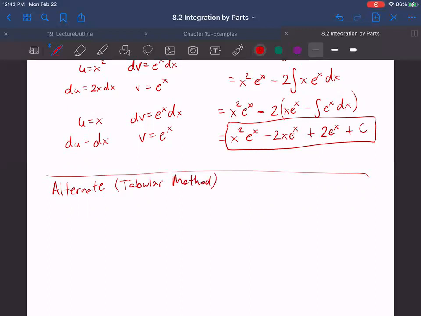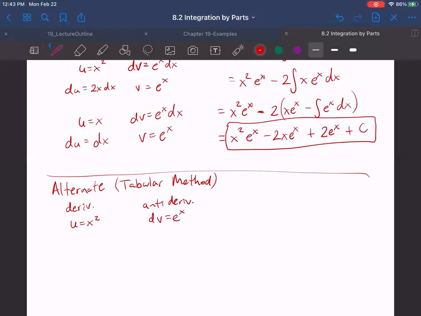And so essentially what we've got here is what that integral equaled, right? But we can shortcut our way through it. Instead of doing all these substitutions, what we can do is pick our derivative side, which is our u equals x squared. So this is our derivative side. And this is our anti-derivative side. That's our dv equals e to the x.